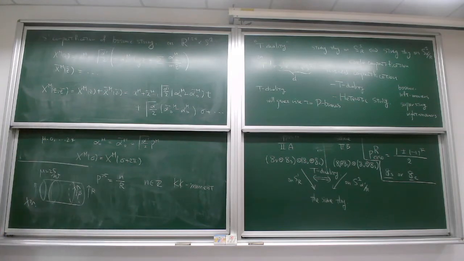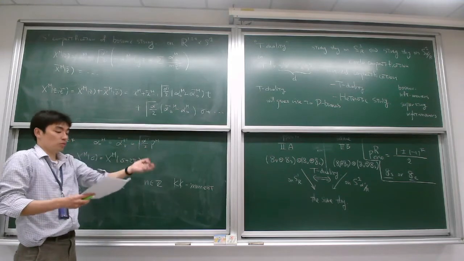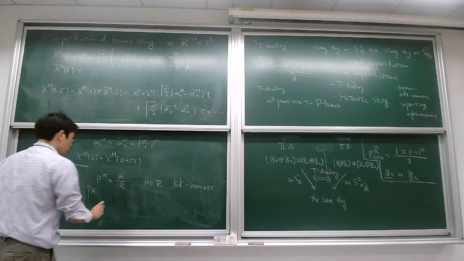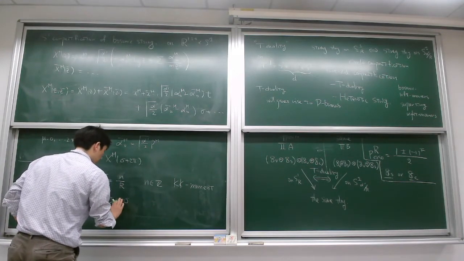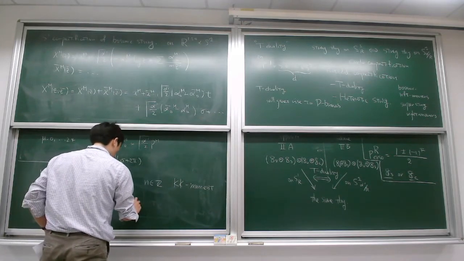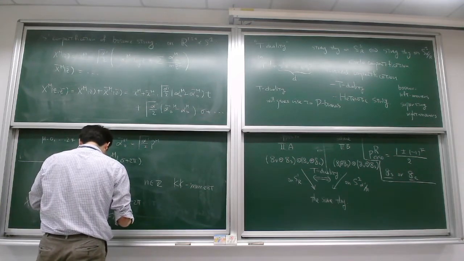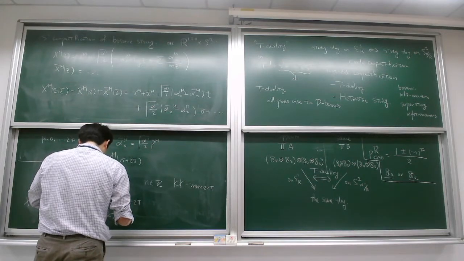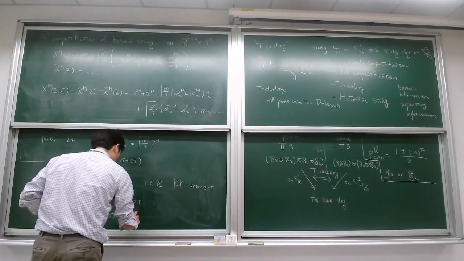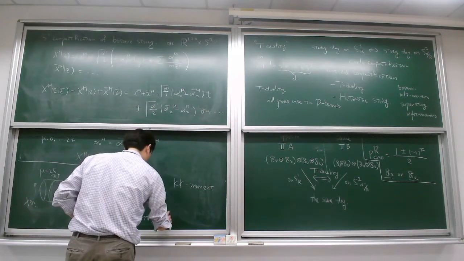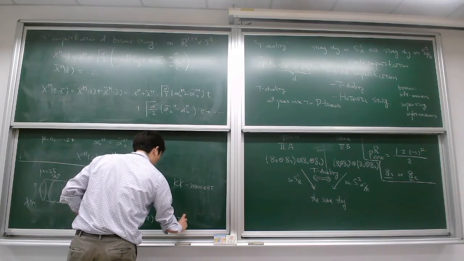Once we impose sigma goes to sigma plus 2 pi, you can wrap the string. x25 of sigma plus 2 pi is equal to x25 plus 2 pi R times w, roughly speaking.